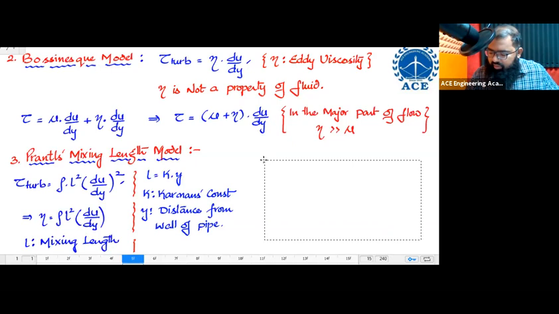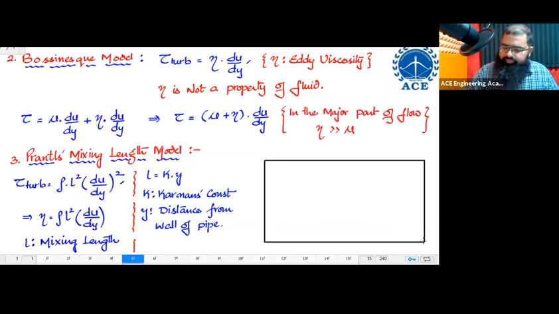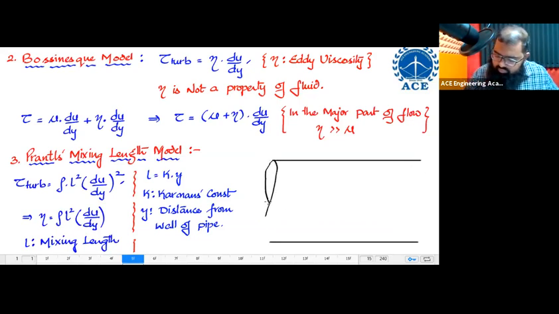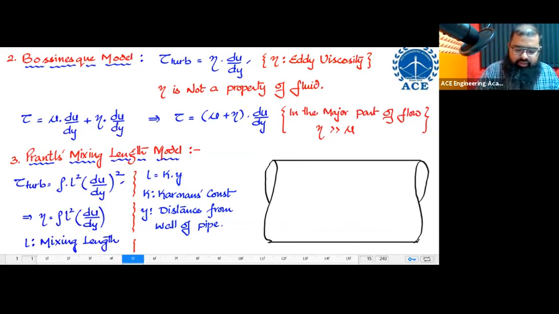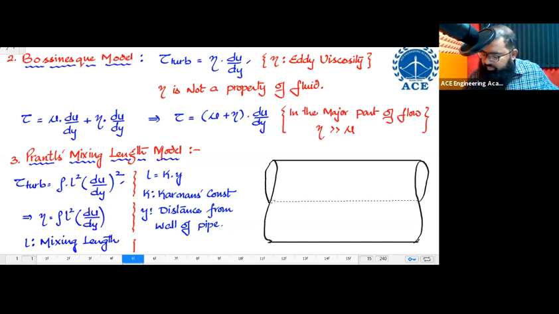Let us say this is a pipe, and you have a certain center line.